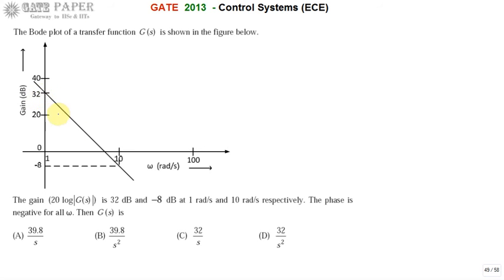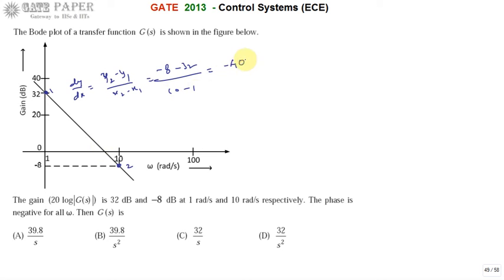Here y2 is minus 8 and y1 is 32, and x2 is 10 and x1 is 1.